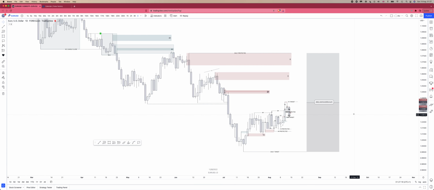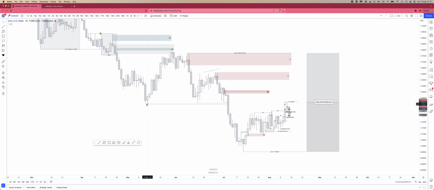But starting with daily, this is the daily protected high and this is the daily target. As you can see, we've had this break of structure, swing structure, and this is the internal break of structure, but we are within this daily leg with some supply areas within this range.